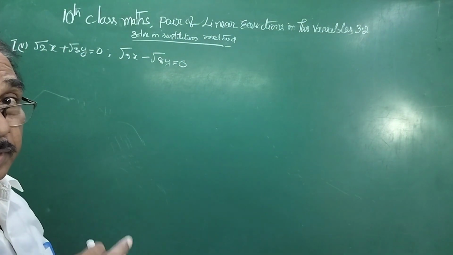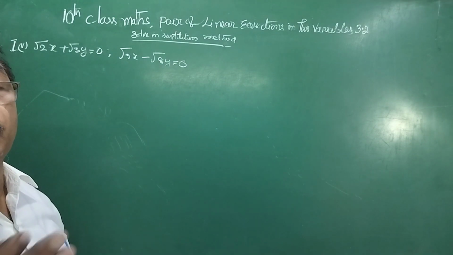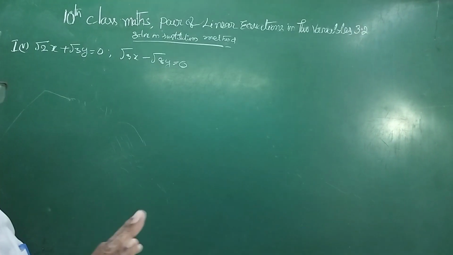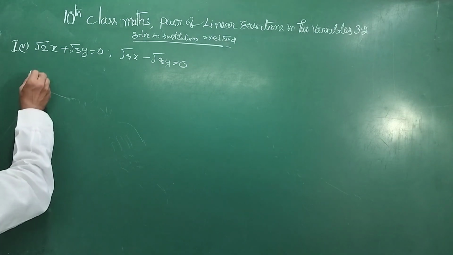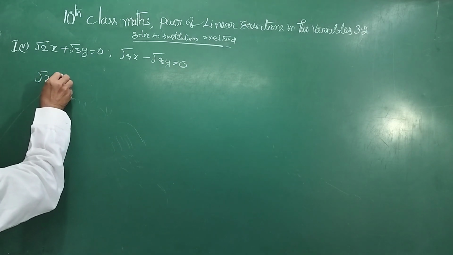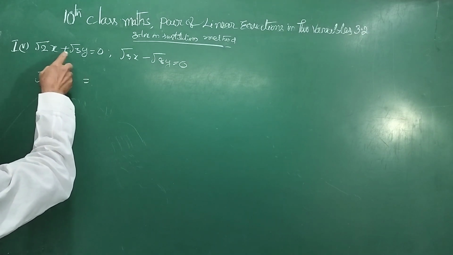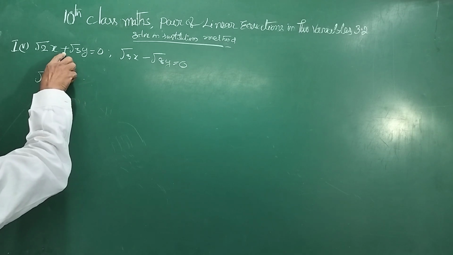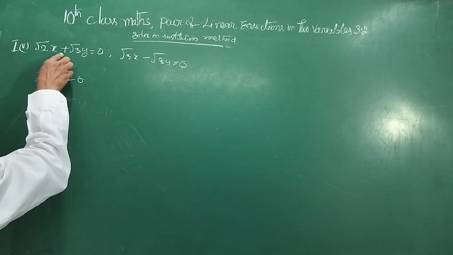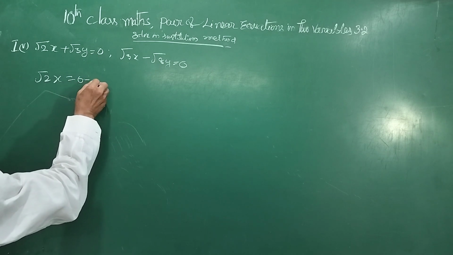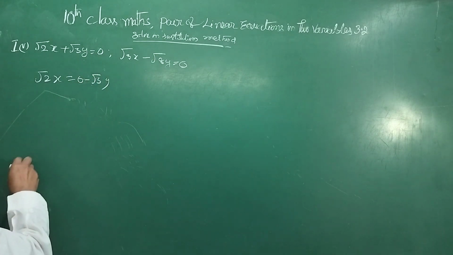See, these are very important questions, and they come for the 2 marks or 1 mark, or in the bits also. Yes, it is the substitution method. Let us find the x value. Root 2 x is equal to 0 minus 3 root y, so minus 3 root y.